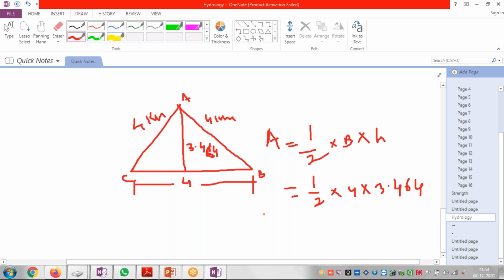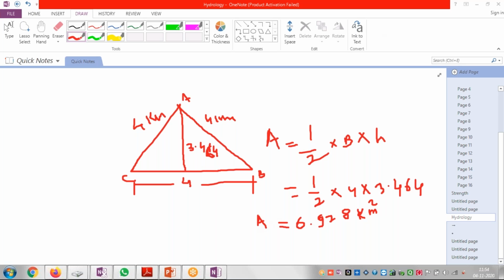Can you tell me what would be the area? Yes, 6.928. Correct. 6.928 kilometer square area.